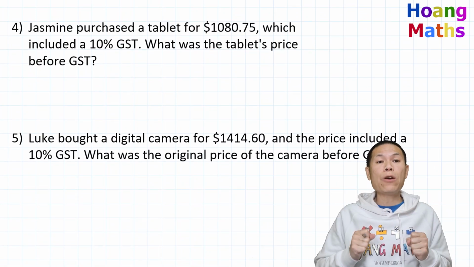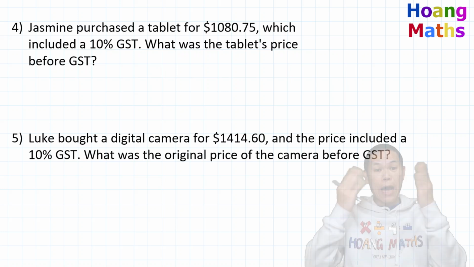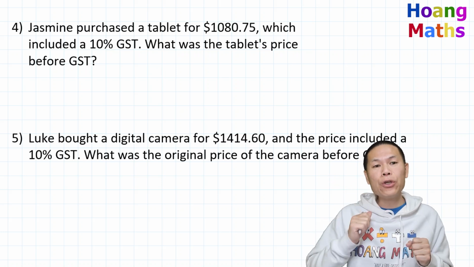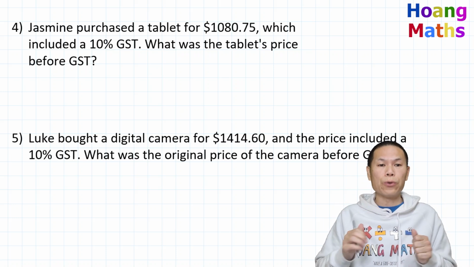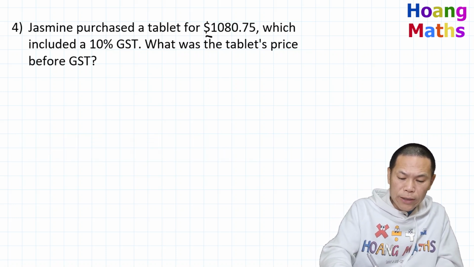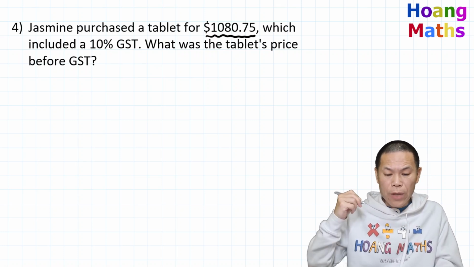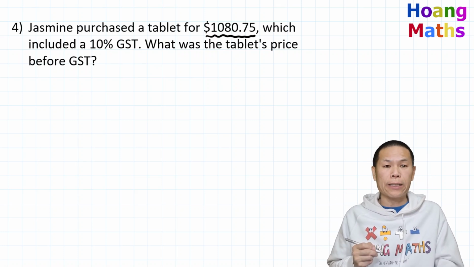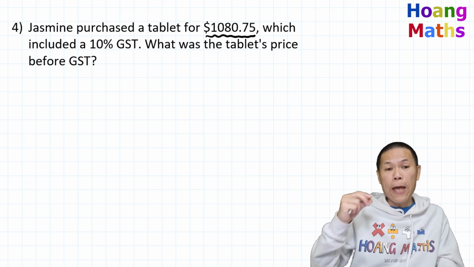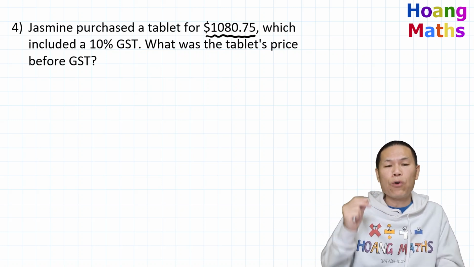Please pause the video and try these two yourself. Hi there, I'm back. How did you go? Let me go through it with you. So first of all, we know that the price of the tablet including GST was $1,080.75. So this means that is 110% of the original price, the price before GST.